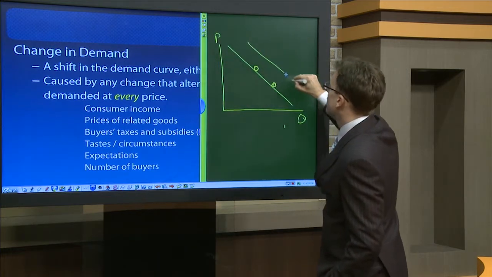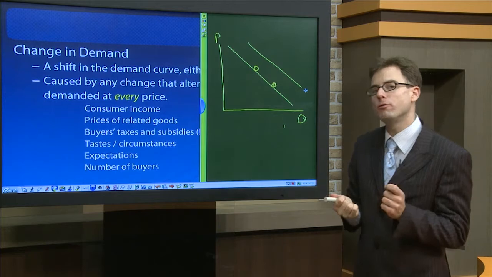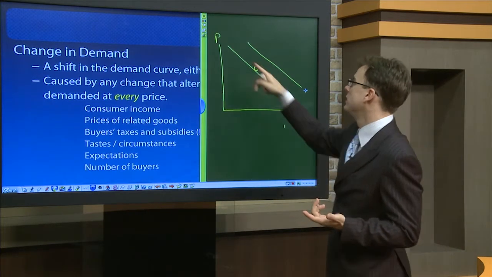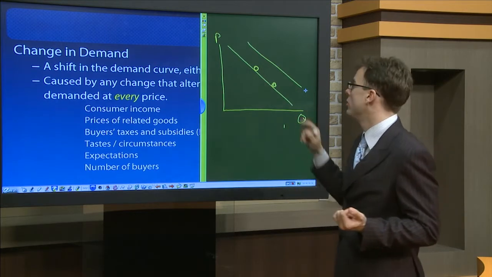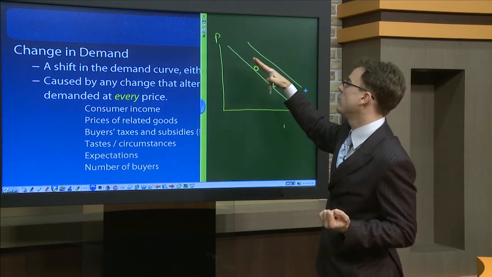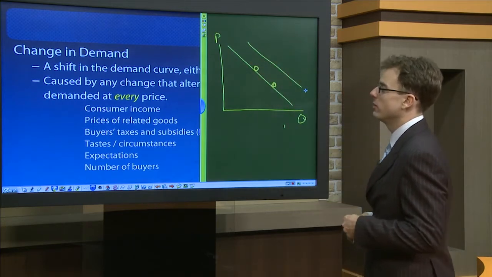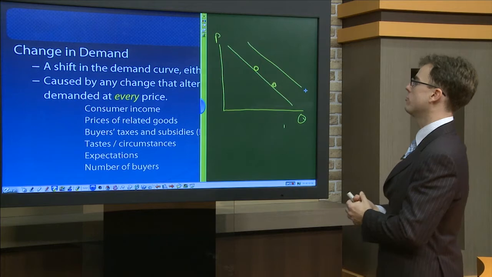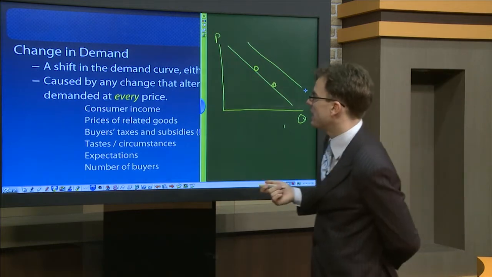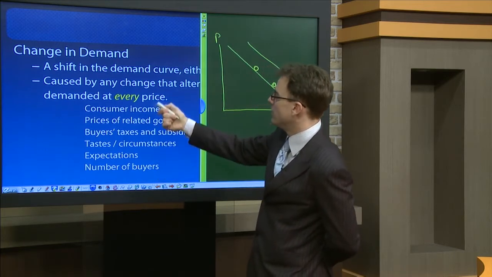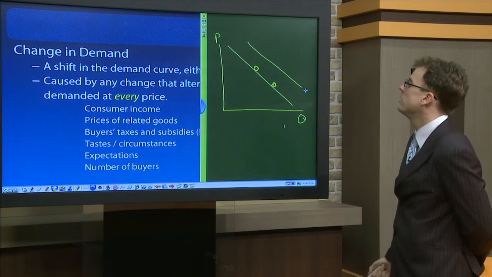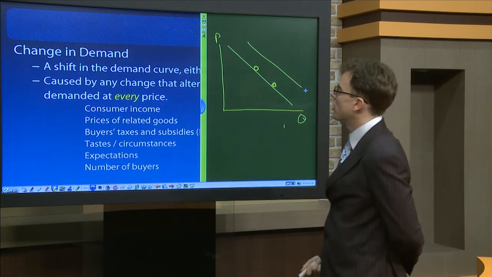Here, you should be very careful distinguishing changes in the quantity demanded, which implies a single demand curve along which we are moving, and a change in demand, which implies a shift in the entire demand curve in some direction. We will say that there are a number of factors that could shift the entire demand curve.